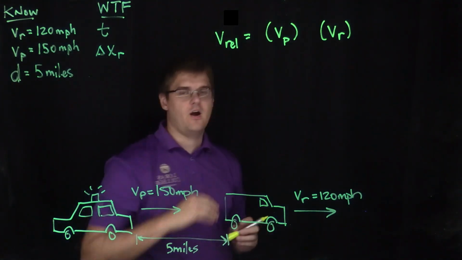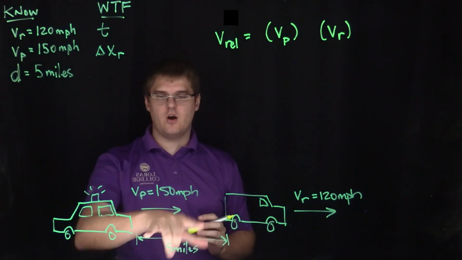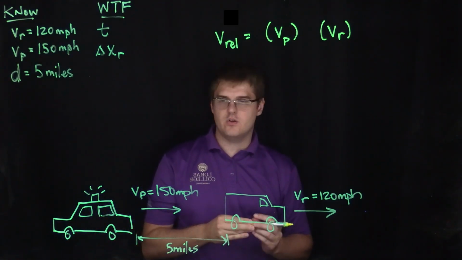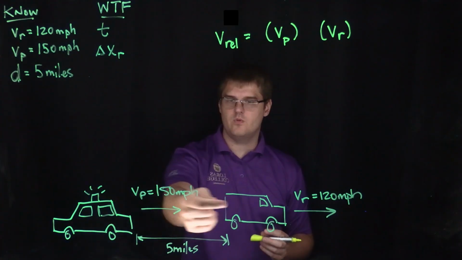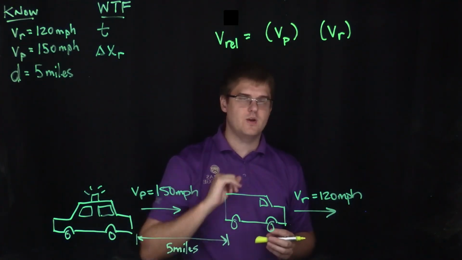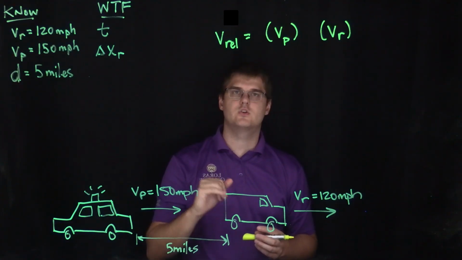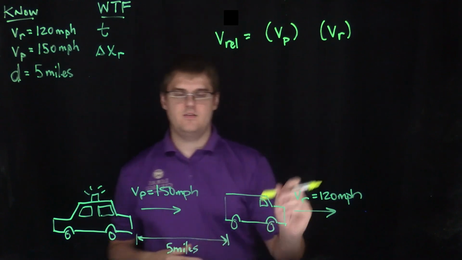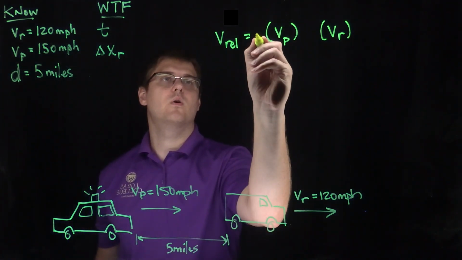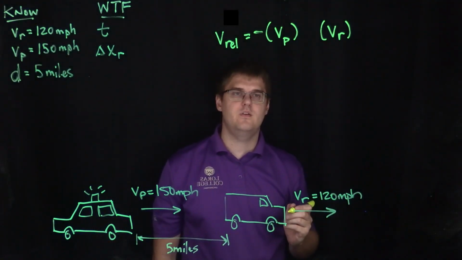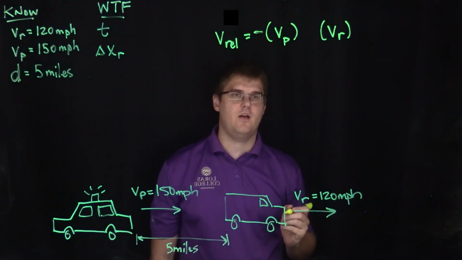So the police car is going forward, it is chasing, and its goal is to close the distance. It is moving into this space between them, so it is going to be shrinking the distance. In order to shrink the distance, we need a velocity that makes a smaller distance, so that's going to be a negative velocity.